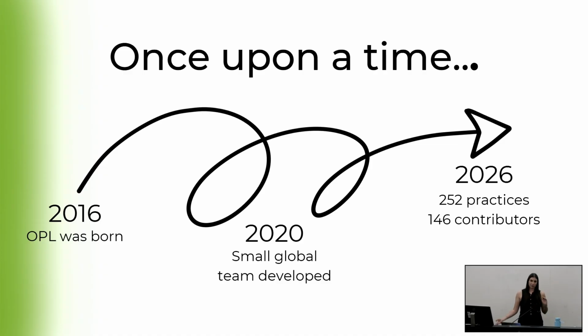So fast forward to today, we have over 250 practices in this library and over 140 contributors as well. Not to mention other people who give feedback here and there and help out where they can, which might not necessarily be a practice, but in many other ways as well.